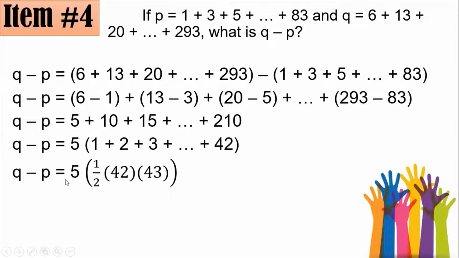And of course, we still have 5 here in front. We just copied it. From here, 42 divided by 2 is 21. So this expression is equal to 5 times 21 times 43. And multiplying all of this, we have a product of 4,515, which is the value of Q minus P.